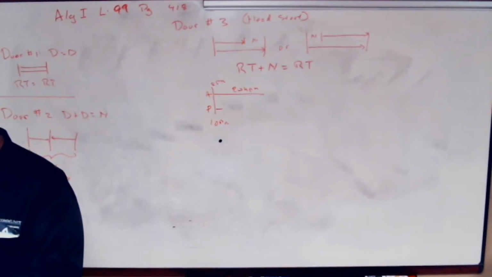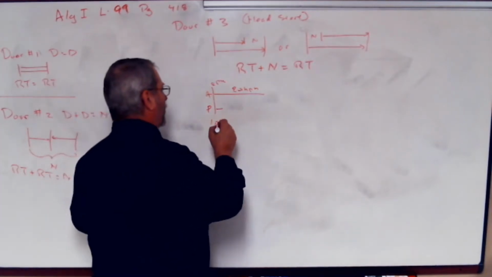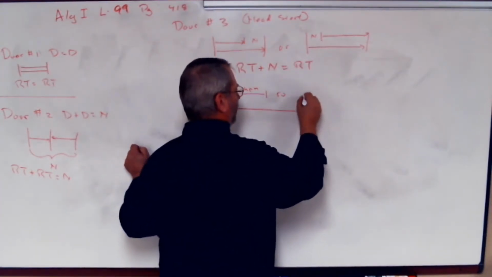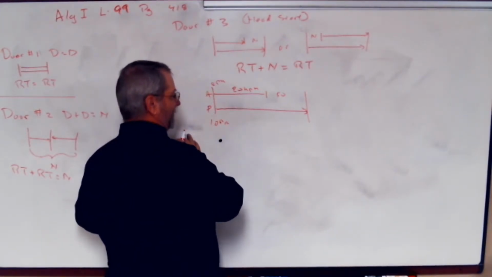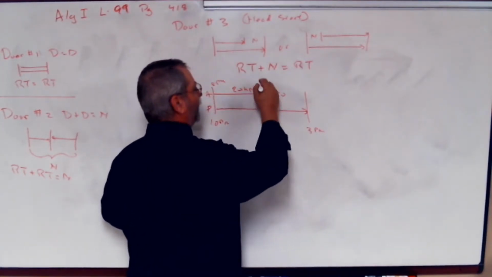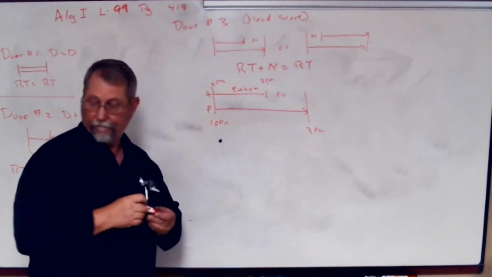If Pat is 50 kilometers ahead by 3 a.m. Okay, so now by 3 a.m., Pat is 50 kilometers out front of Achilles. Does that make sense? This is also 3 a.m. Do you see all that?